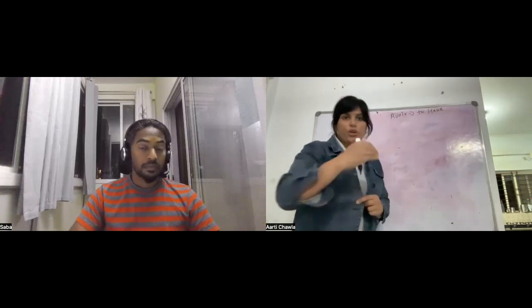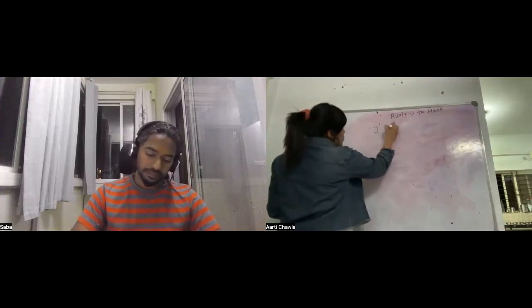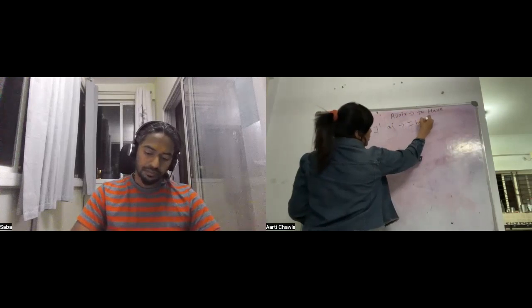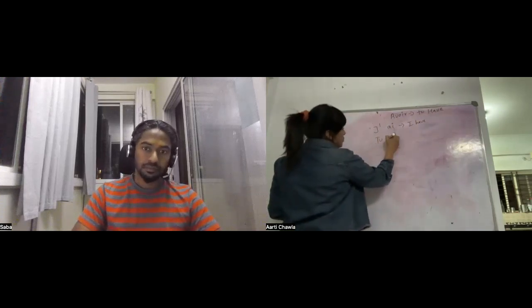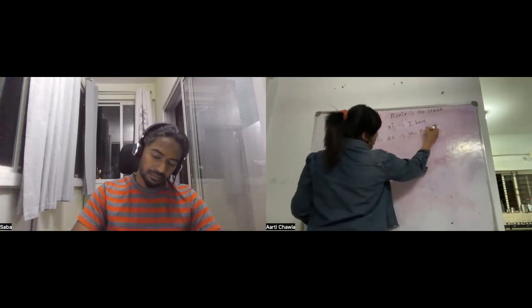Now, any verb you have to conjugate, you need le pronom personnel, which means je, tu, il, elle. First thing, you need it. Unless you have it, you cannot conjugate any verb in French. C'est clair? So, j'ai, which means I have. Tu as, you have.